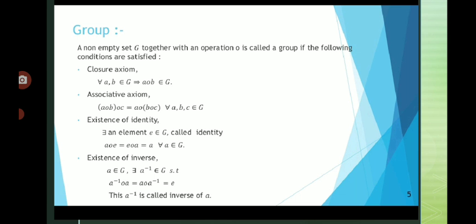For every element A belonging to G, there exists another element A inverse in G such that A circle A inverse equals A inverse circle A equals E. Here E is the identity element and A inverse is the inverse element of A. This property is called the inverse property. If G and circle satisfy the four properties, then (G, circle) is called a group.